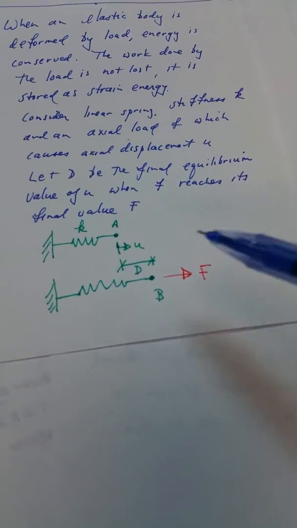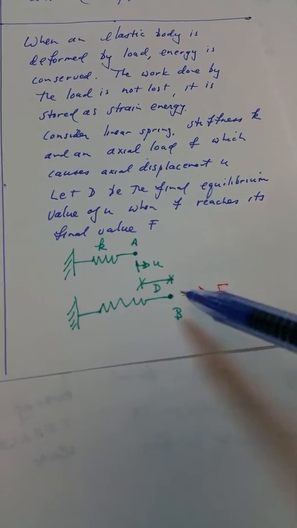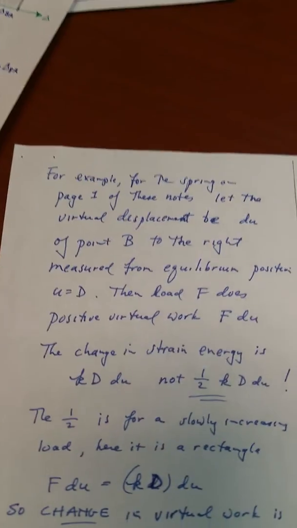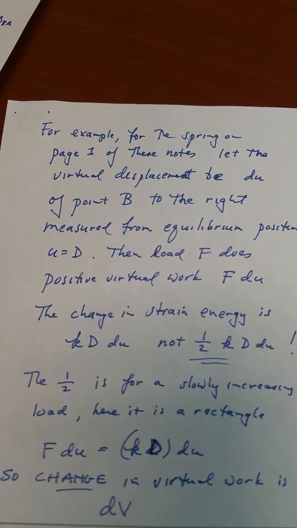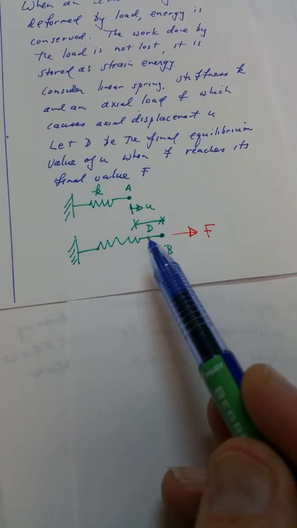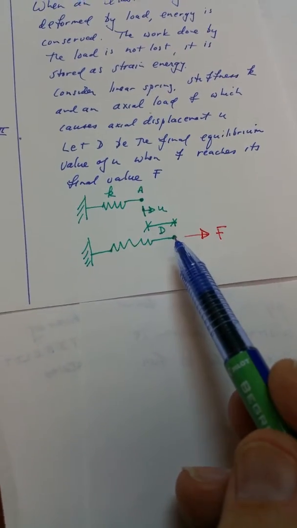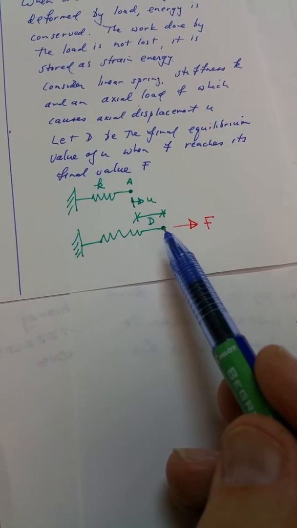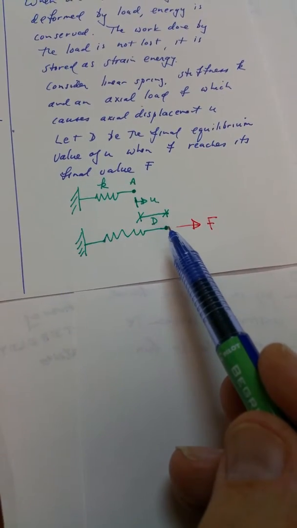So for example, for the spring here on page 1 of these notes, the virtual displacement would be du, just a little wiggle to the right of the equilibrium position.